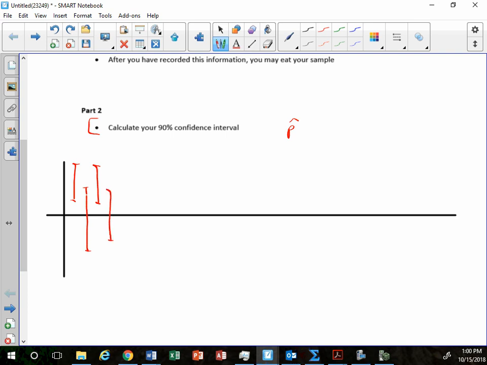What's S? Standard deviation of your sample. Okay. I got 0.089 to 0.31. Wait, you mean 8.9% to 31%? Yeah. Perfect. All right.